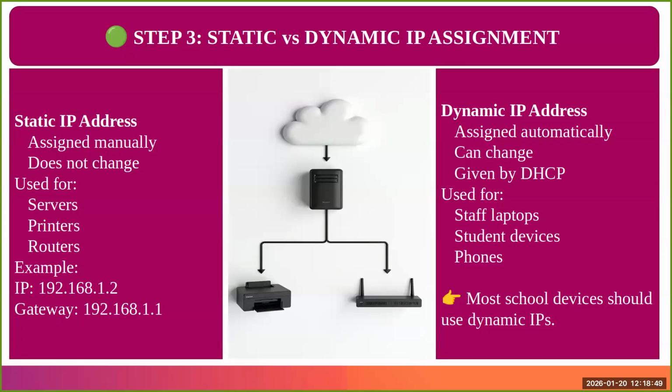It is controlled by the DHCP server, which in this case is our router. It means the router is the one that will issue the IP address. Now, take note of this. We say it is assigned automatically. The next, it can change. Then it's given by the DHCP, that is the server.